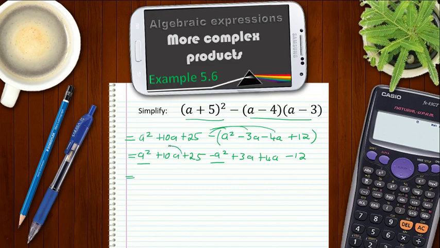And then the terms that contain a on its own are these. And then my constant terms are these. All right, so a squared minus a squared, that adds up to 0. Then I have 10a plus 3a is 13a plus 4a is 17a. Then 25 minus 12 is 13. So this is plus 13. So that's our final answer there.